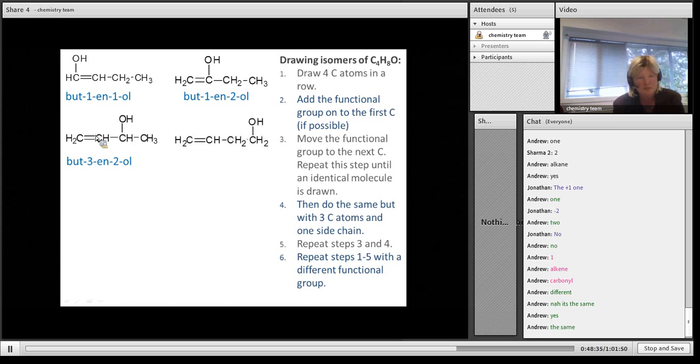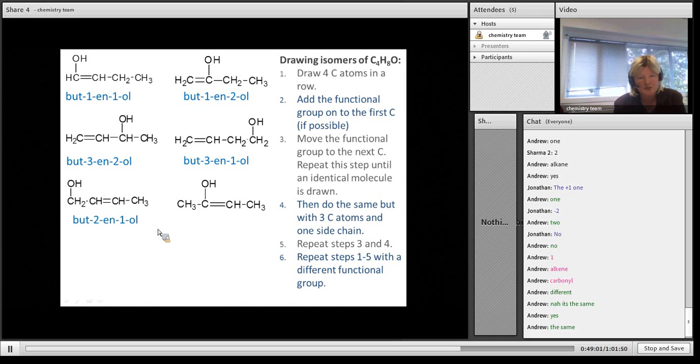And then I moved my OH right down to the end, and I've still got a different molecule. Now I move my alkene along, so I've moved my OH back to carbon 1 and I've moved my alkene along, and I can't move the alkene along anymore from this because then I go back to but-3-en-1-ol. Okay, so I've got but-2-en-1-ol.